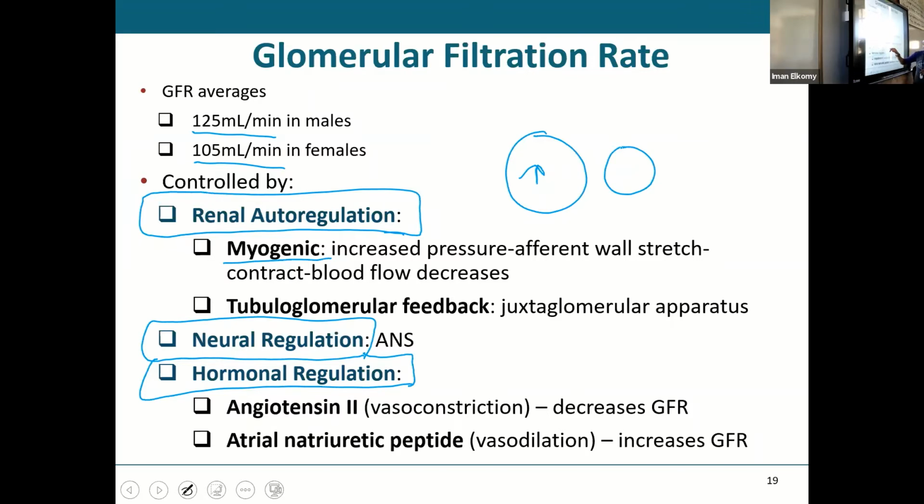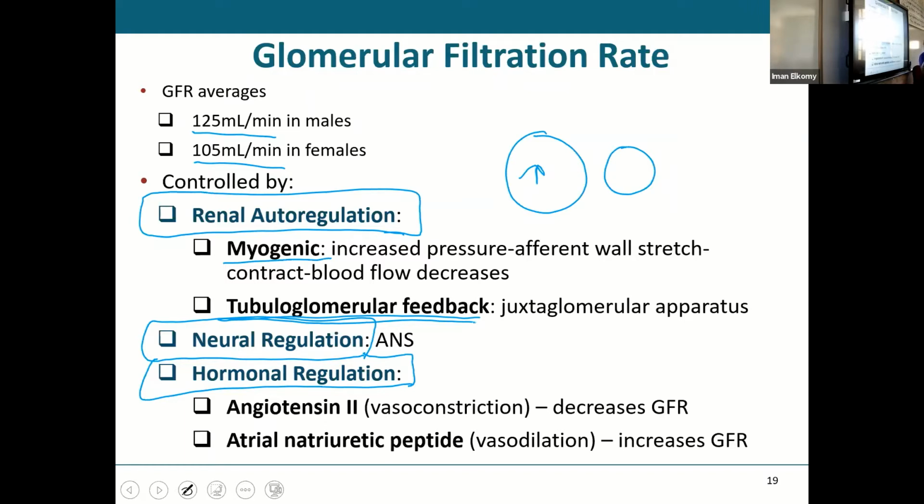And then we have the tubuloglomerular feedback, and this is the one where we're going to refer back to the juxtaglomerular apparatus. Do you guys remember that? Remember where you had the afferent arteriole in one part will actually touch a piece of the tubule, right? And that part of the tubule was called the macula, and it had cells all lined up really close to each other, and those cells had the special ability of detecting the pressure of the blood flowing through that afferent arteriole.